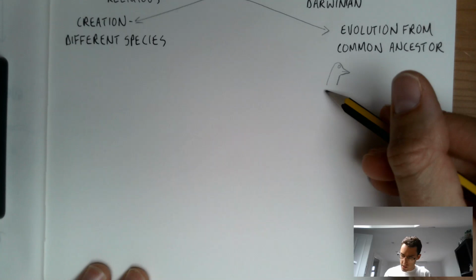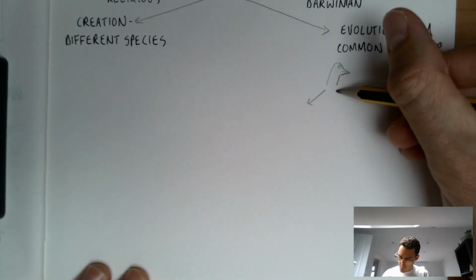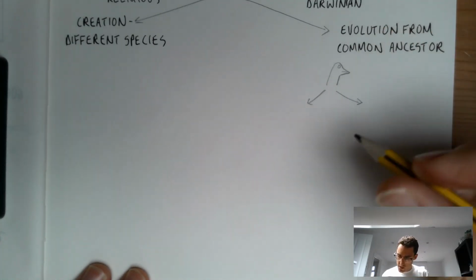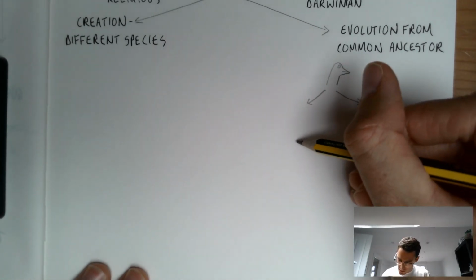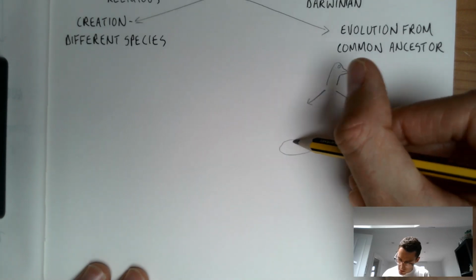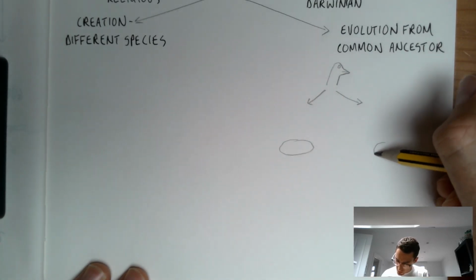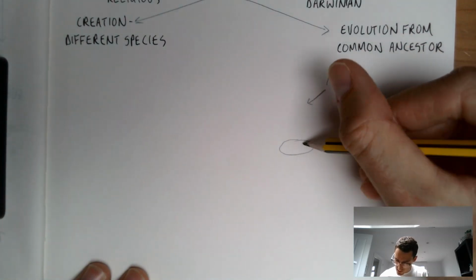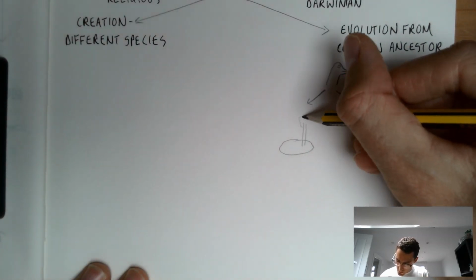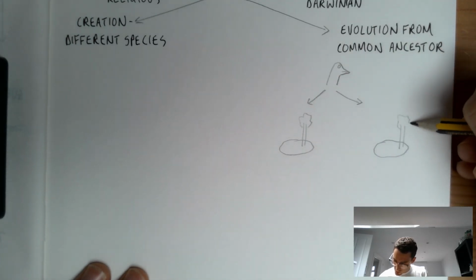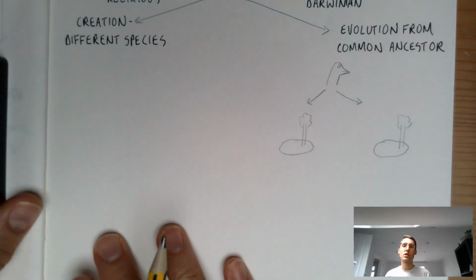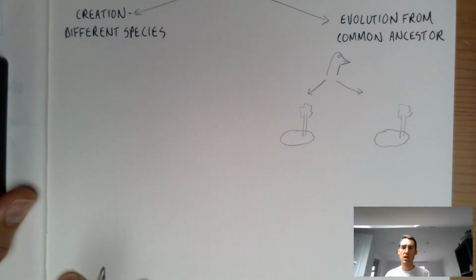And what we can do is say, well, okay, let's look at what happened when these common ancestors were situated on different islands. So I'm going to draw one island like this. I'm going to do a very classic cartoony desert island here. I'm not even going to attempt to draw palm trees because my artistic skills are not good enough. But we've got these two islands here, and we can say these are islands in the Galapagos.